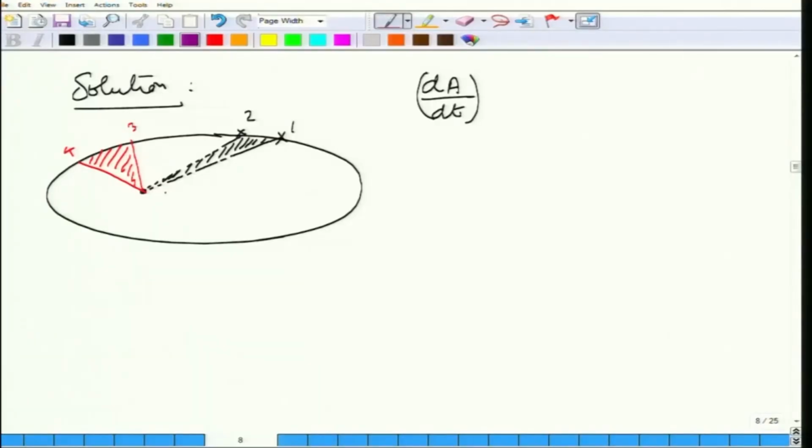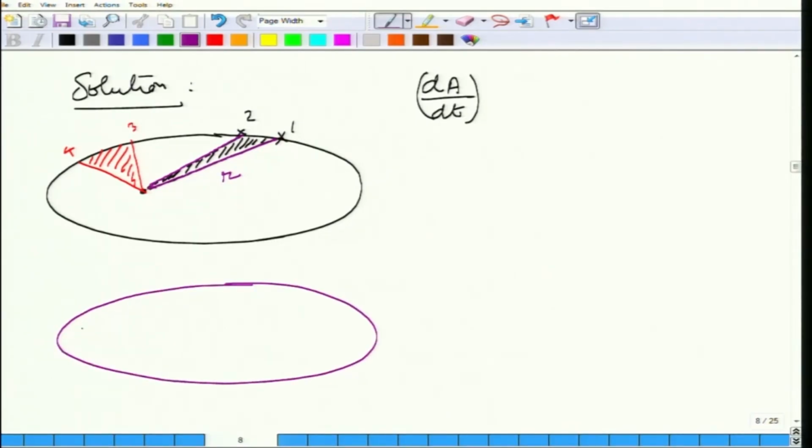So how do I express that? You see, this distance here is r, and if I treat this as a triangle in a very small short time, right, this I made for unit time, but let us take a short time and make it exaggerated. So, this is the planet orbit, this is r, and in a very short time delta t it comes to this position here. This time is very short, so it covers a very small angle delta phi. If I were to calculate the area of the shaded region, let me drop a perpendicular from here.